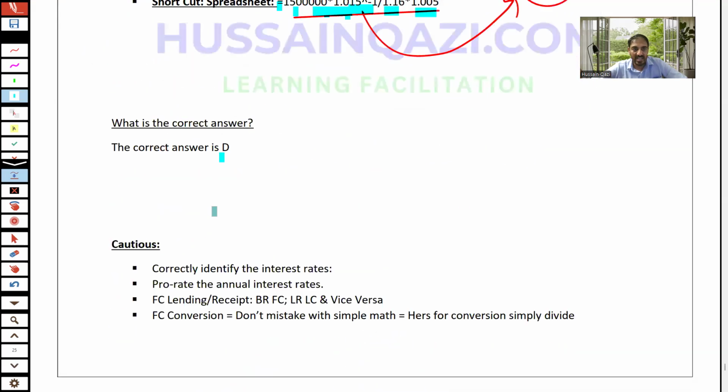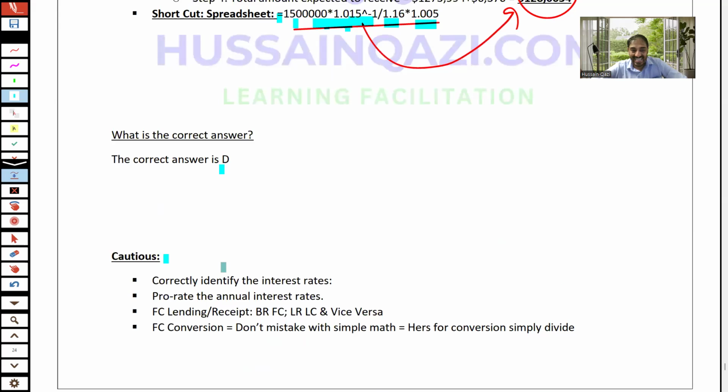Be cautious. Examiner comment: correctly identify interest rates. You need to practice the money market as much as possible to get easy marks. So you must become a master of the money market. Identify the rates for the foreign currency receipt matter.